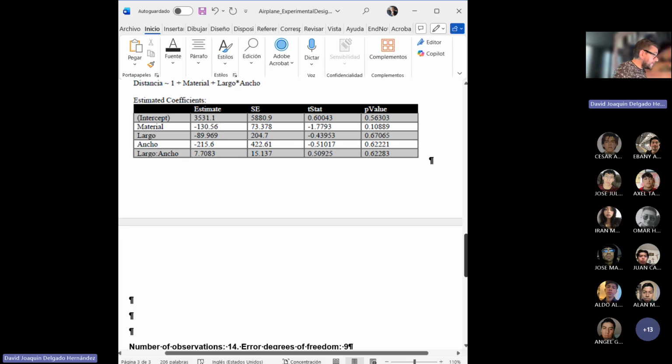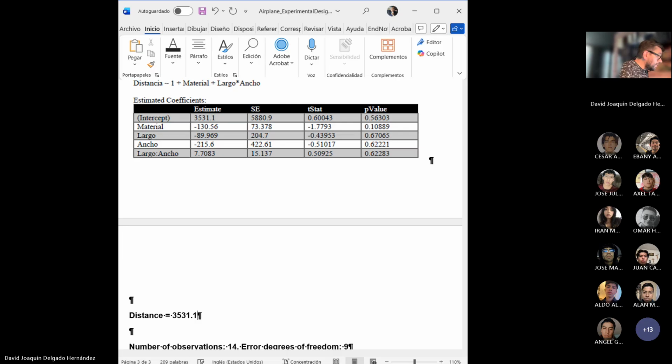In order to predict the distance, it should be equal to the first number, which is the intercept, the free term. It will be 3531.1. Then I have to put the following number, which will be minus 130.56. This is multiplied by the material.